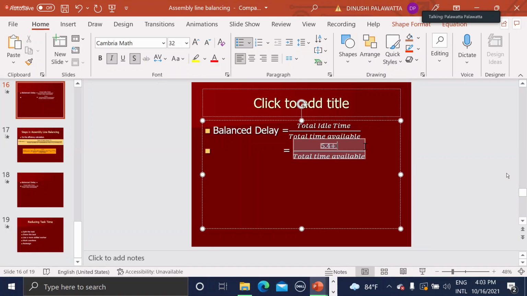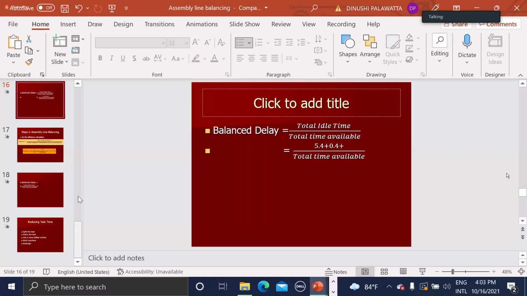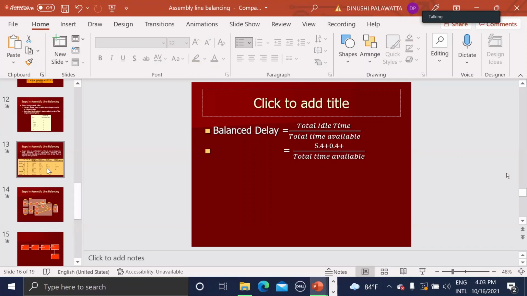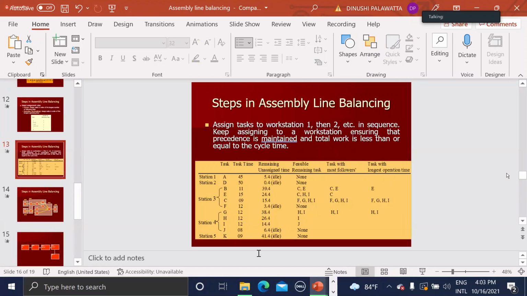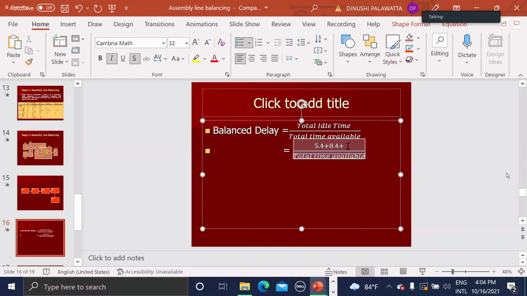Second workstation 0.4. Third one is 3.4.